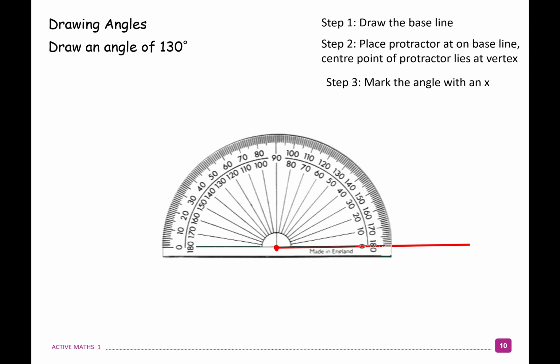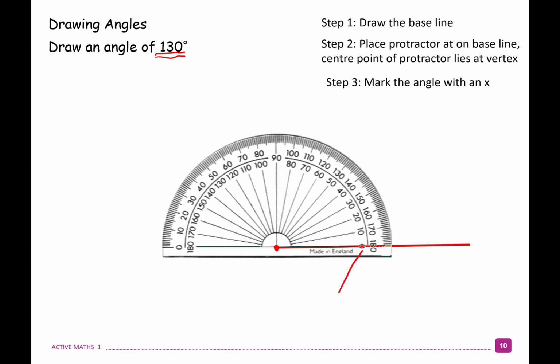Step 3. Mark the angle you want to draw with an X. I want to draw an angle of 130 degrees. I need to mark 130 degrees with an X. First off, check whether you are using the inside or the outside scale. In my case, I am using the inside scale because my baseline hits 0.